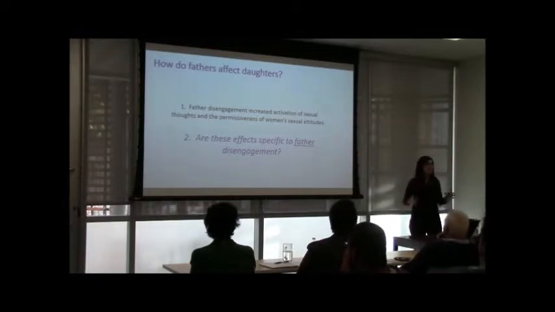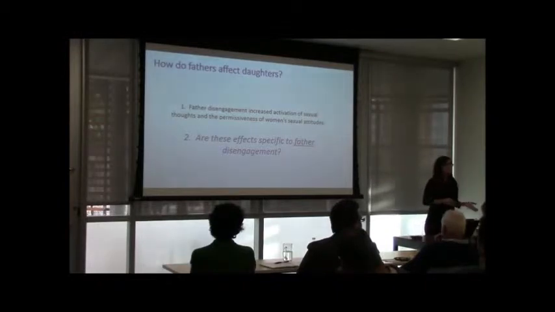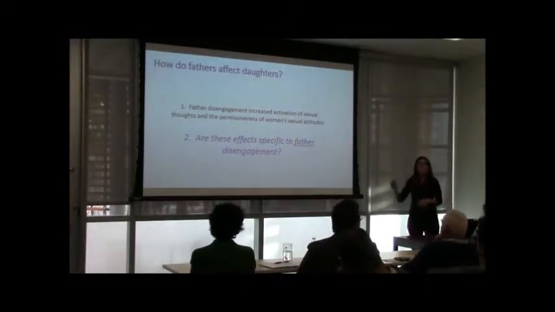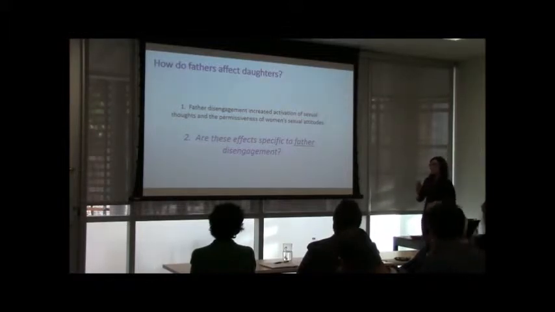But as we remember, after discussing paternal investment theory, we expect that these effects should be specific to fathers, and we shouldn't see effects like this when it comes to maternal investment quality. So the goal of the next experiment was to test whether or not these effects would be specific to father engagement, or father disengagement.